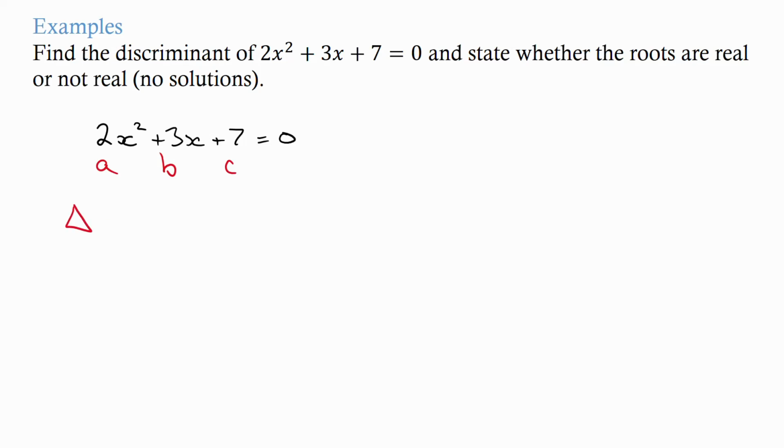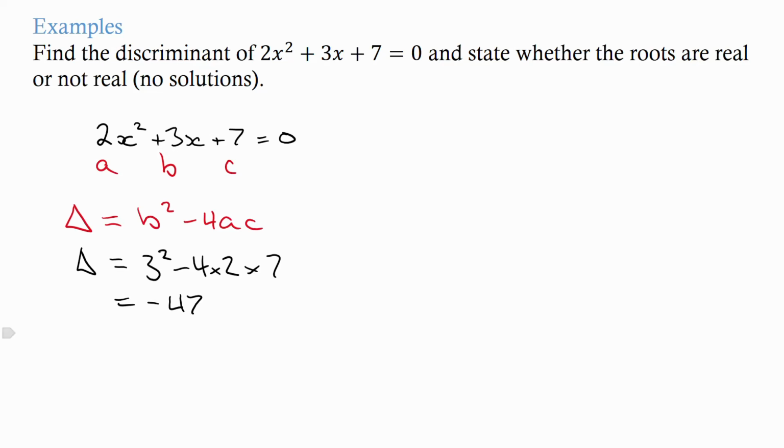The formula, remember, is delta equals b squared minus 4ac. So delta here is going to equal 3 squared minus 4 times 2, because all we're doing is substituting in, times 7, and that equals negative 47.